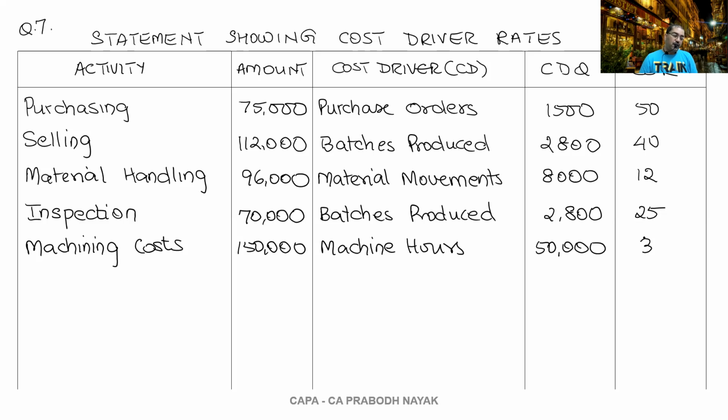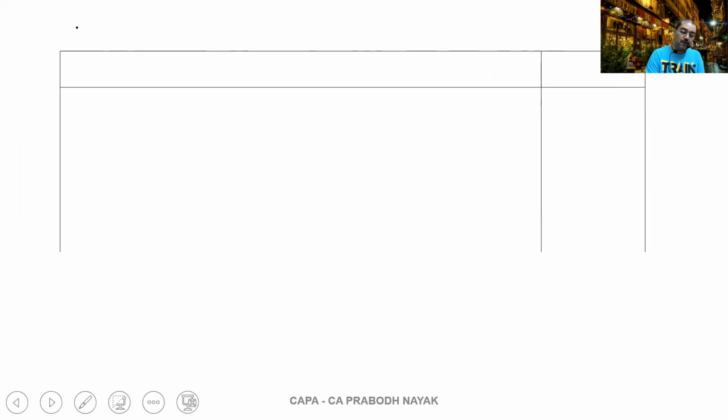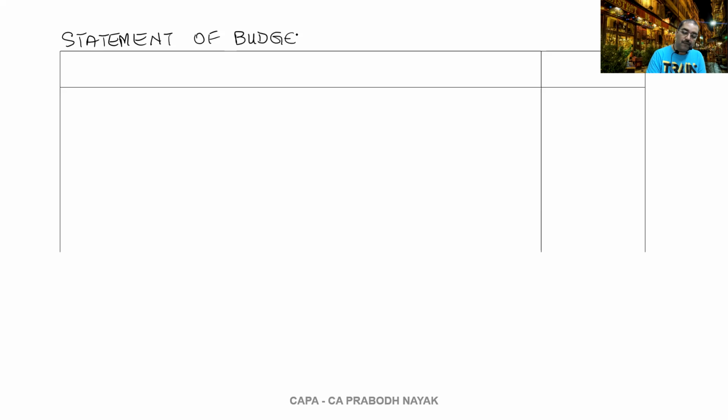So here it is statement of budgeted overhead cost, bracket you write ABC.